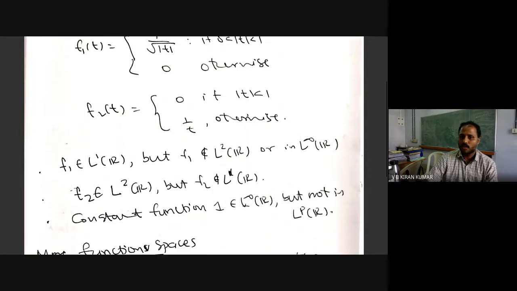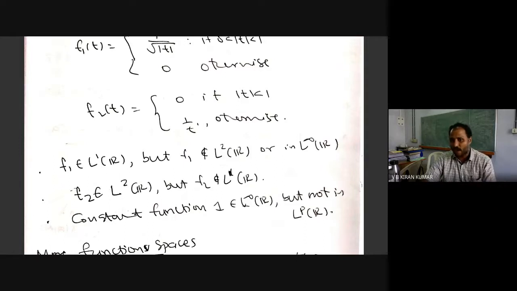So it will be log t outside, with t varying from 1 to infinity. It will not be in L1, because log t will diverge as t goes to infinity. But if you square it, that's it.